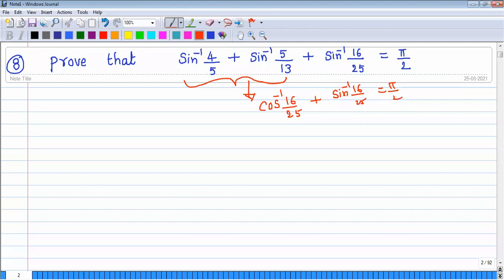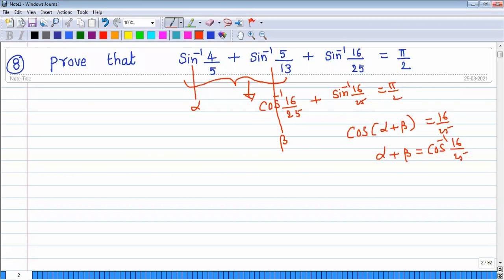That means our duty is to prove sin inverse 4 by 5 plus sin inverse 5 by 13 is equal to cos inverse 16 by 25. If we say this is alpha, this is beta, it is enough to prove that cos of alpha plus beta is equal to 16 by 25. Obviously, alpha plus beta becomes cos inverse 16 by 25. If this is added to the other term, we can directly write the answer pi by 2.